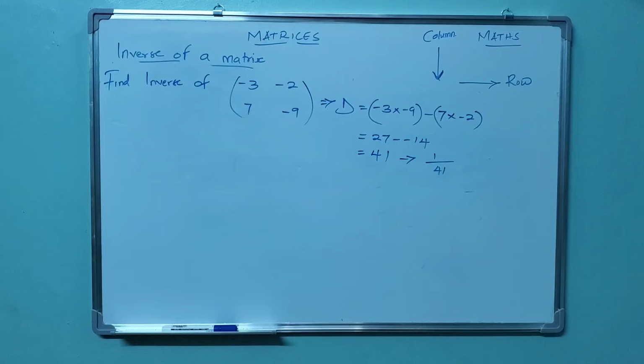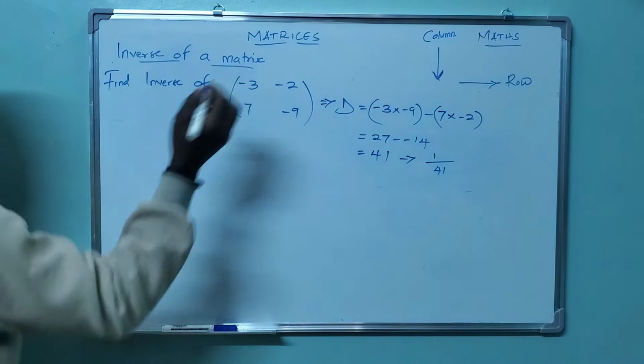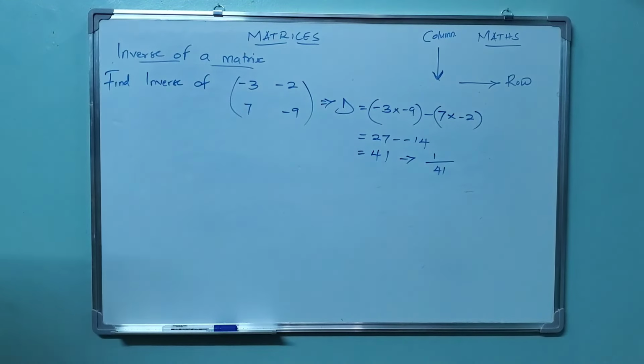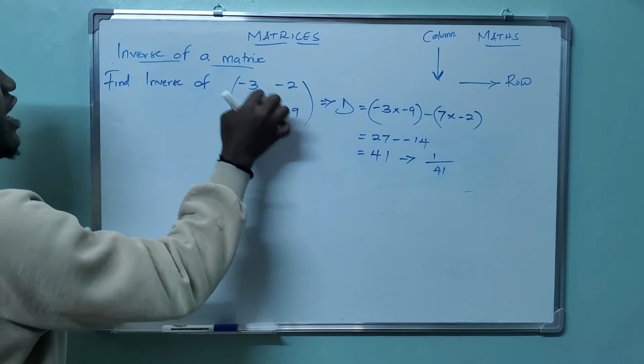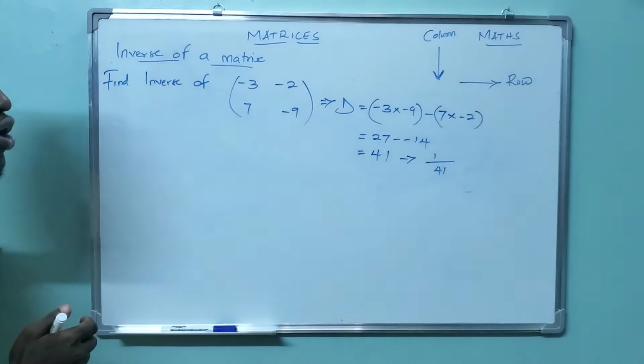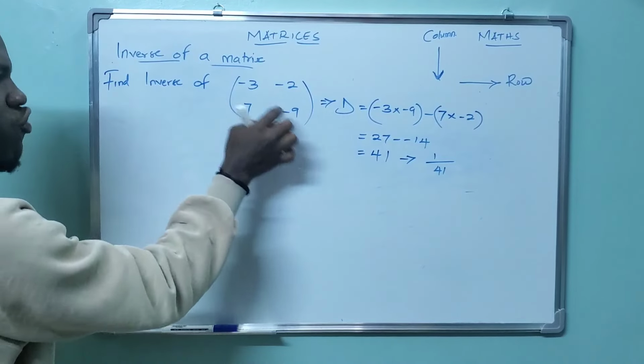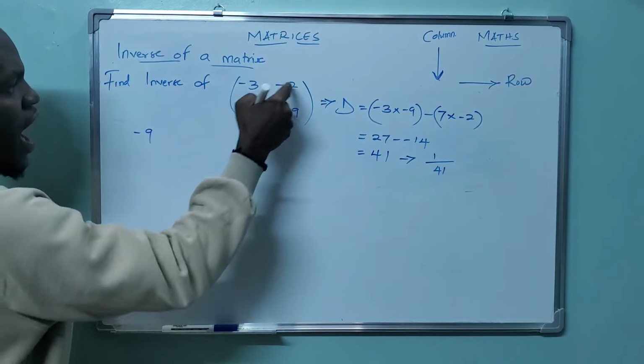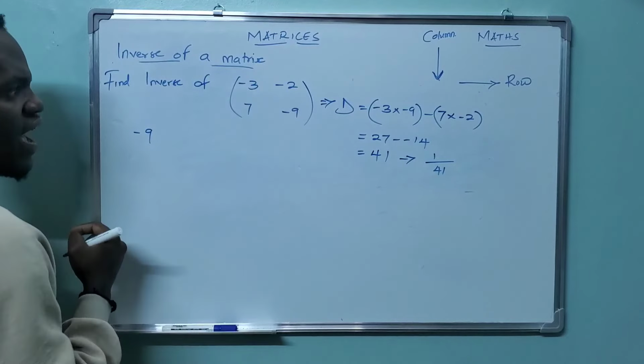Once we've gotten the inverse of the determinant, let us now get the inverse of the matrix. Now, my matrix is that. Remember we said, for the lead diagonal, the position changes, while for the end diagonal, the sign changes. So in this case, the lead diagonal's position is going to change, which means I'm going to have here negative 9, and for the end diagonal, their sign is going to change.